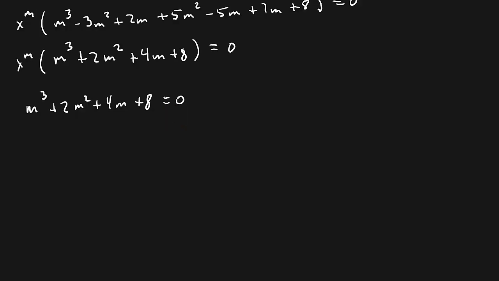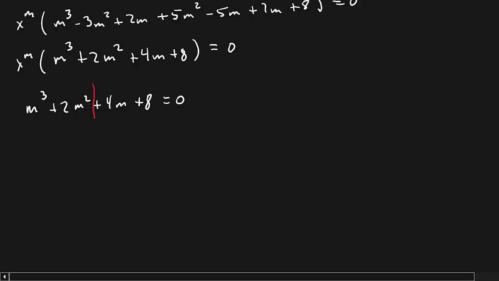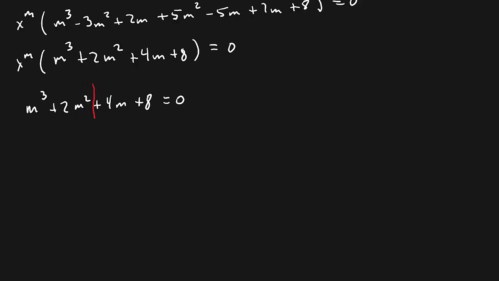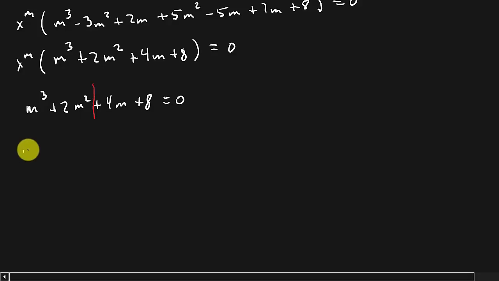Okay, do you remember factor by grouping? So I split it down the middle, so that's m squared times m plus 2 plus 4 times m plus 2 equals 0. So I factored out an m squared out of there and a 4 out of here. And so this is going to give me m plus 2.